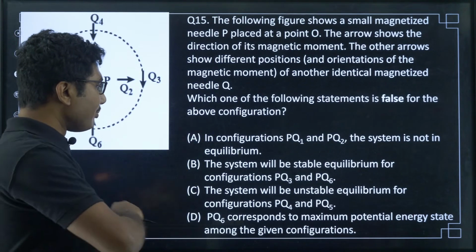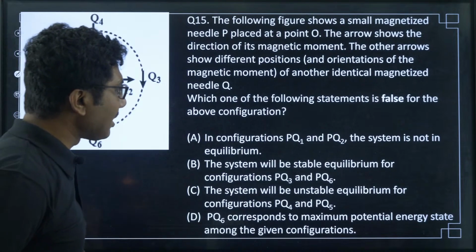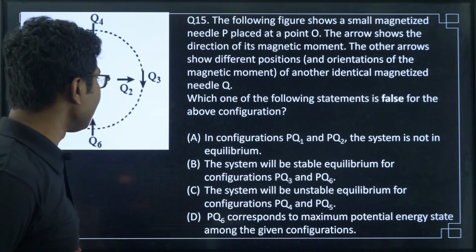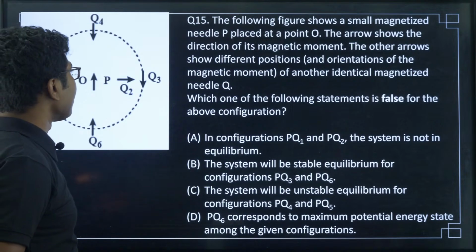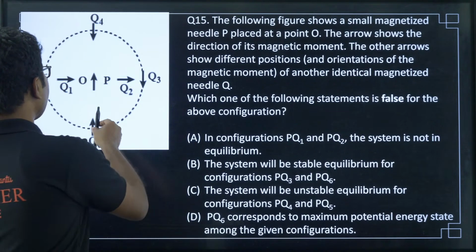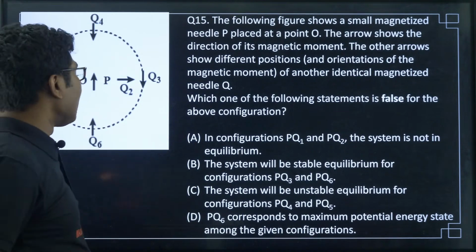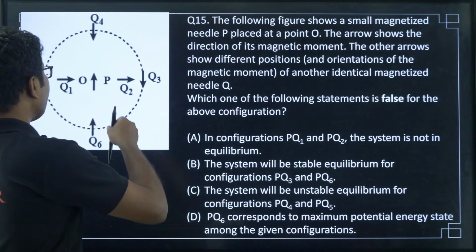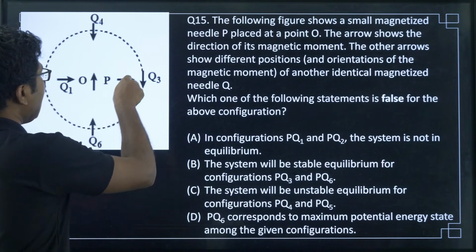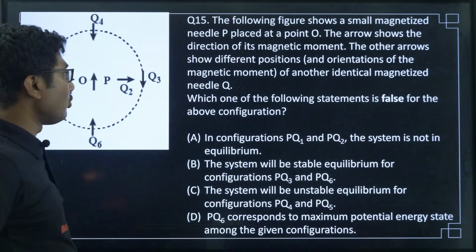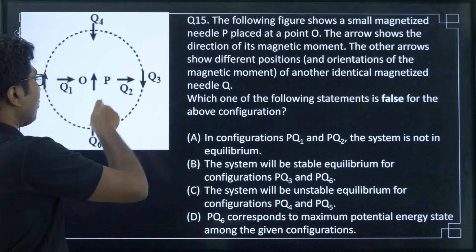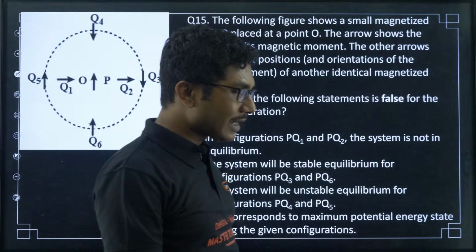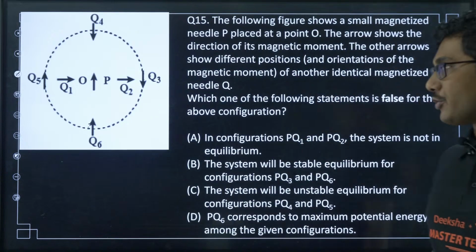Okay, whereas PQ6 corresponds to the maximum potential energy state among the given configuration. The maximum potential energy state amongst the given configuration is only when this is the maximum potential energy, this is also maximum potential energy. Both are stable equilibrium. That means both will have the maximum potential energy.